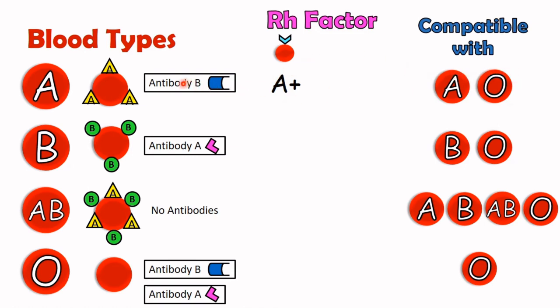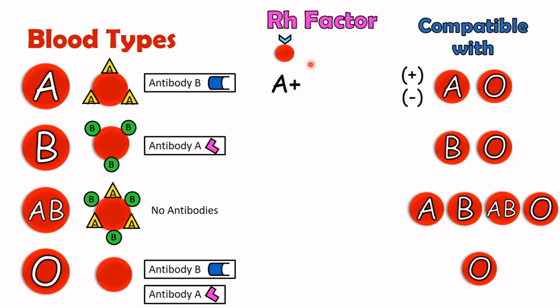A positive blood type is compatible with positive A blood types, and also positive O blood types, and also negative A blood types and negative O blood types.